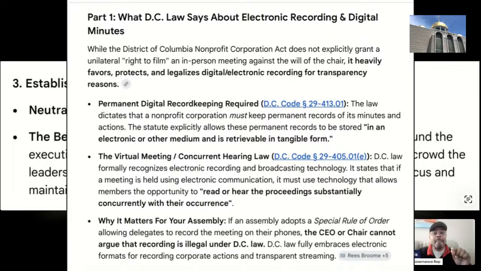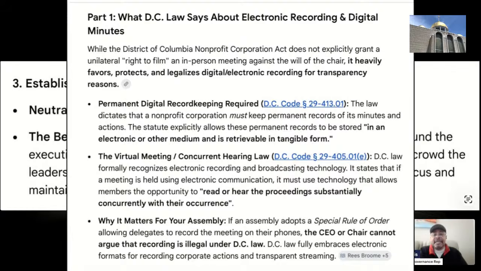So the statute explicitly allows these permanent records to be stored in an electronic or other medium and retrievable in tangible form. The virtual meeting, concurrent hearing law, formally recognizes electronic recording and broadcasting technology. Broadcasting means video or recording.